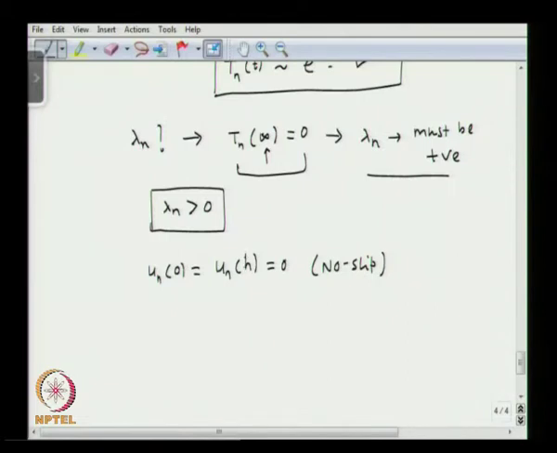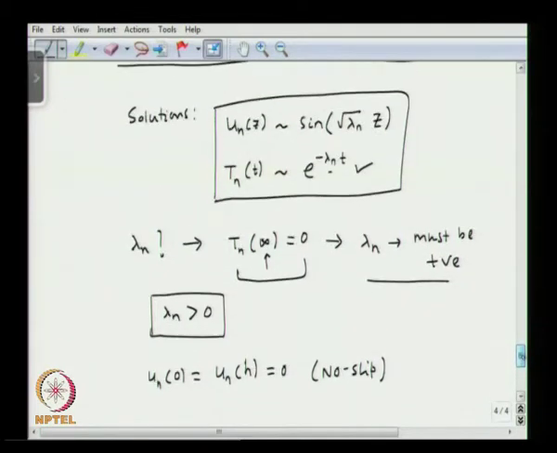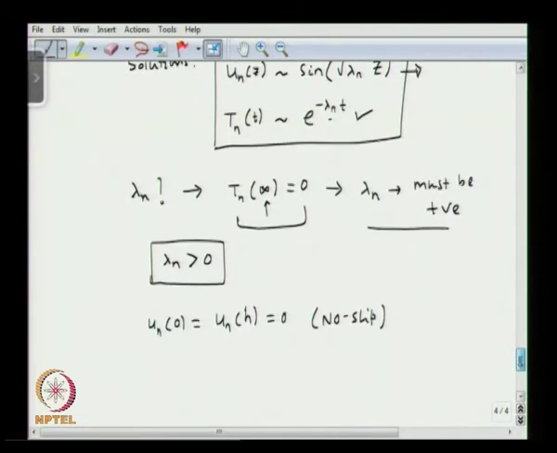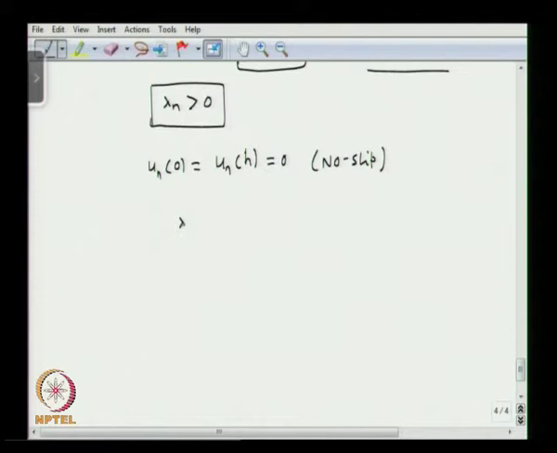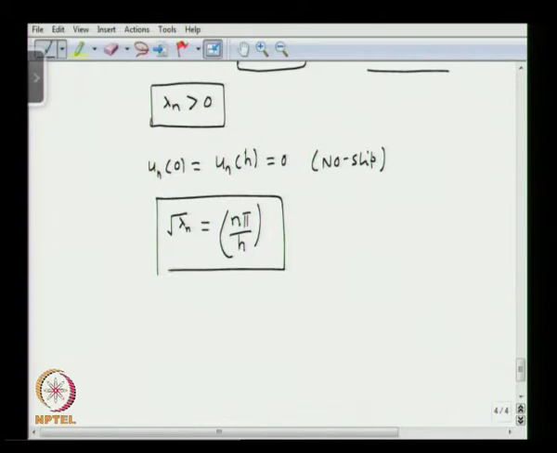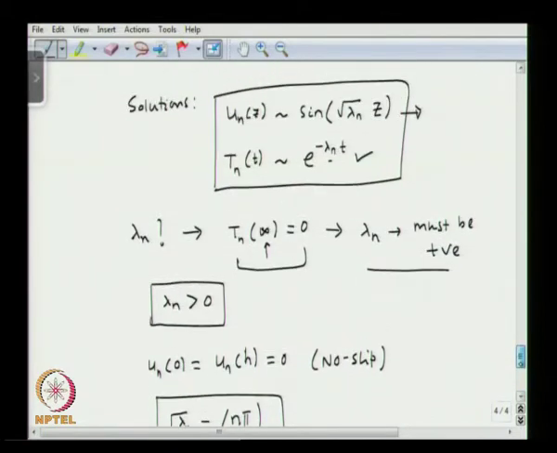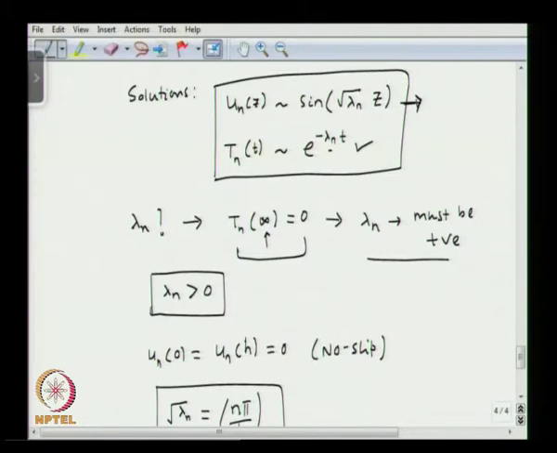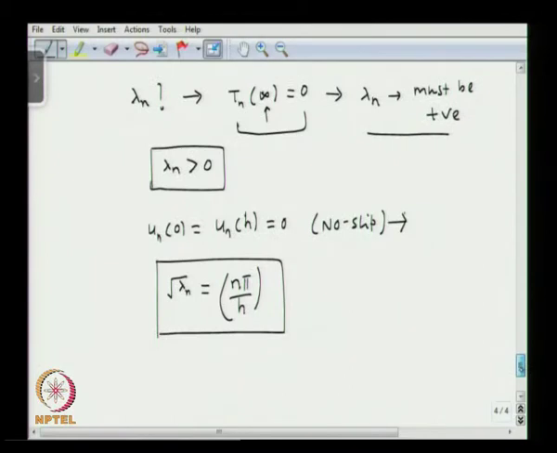So, from there, if you look at this equation, we see that square root of lambda n must be n pi over h. Only if square root of lambda n is n pi over h will this term go to 0, satisfying this condition. So, n here is 1, 2, 3, up to n.